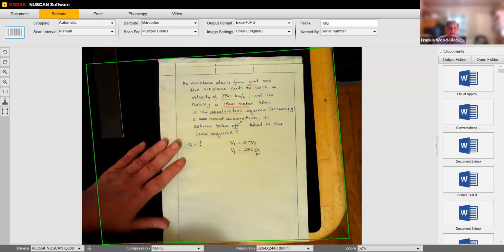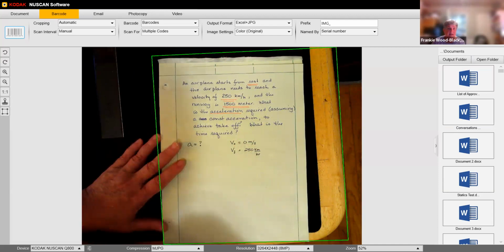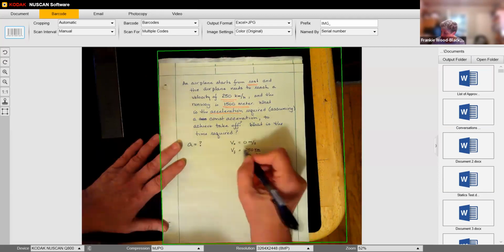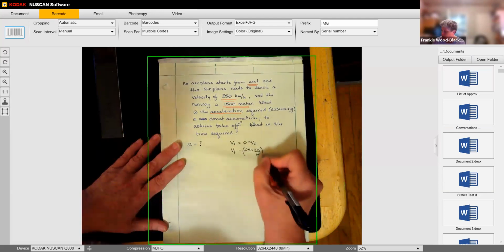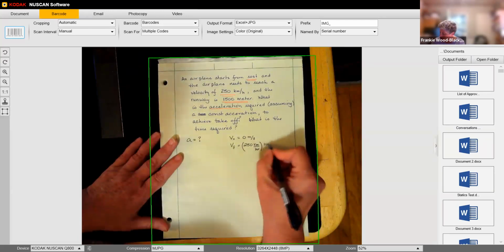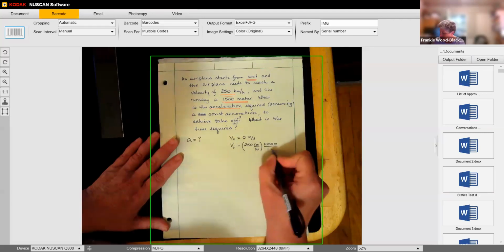So one of the things I know right away is I've got a problem. The problem is I don't have the same units. So I'm going to have to do a conversion, which is one of the reasons I did that, just to refresh ourselves on conversions. There are 1,000 meters in 1 kilometer.